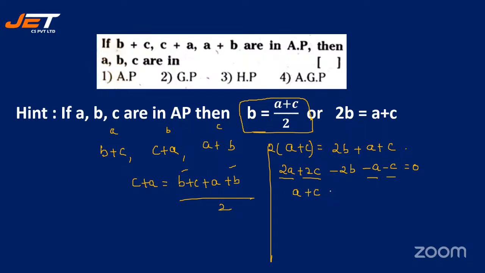And when this minus 2b goes to the other side, it becomes plus 2b. So a plus c by 2 is equal to b. See, we have proved it. Therefore, a, b, c are in AP.